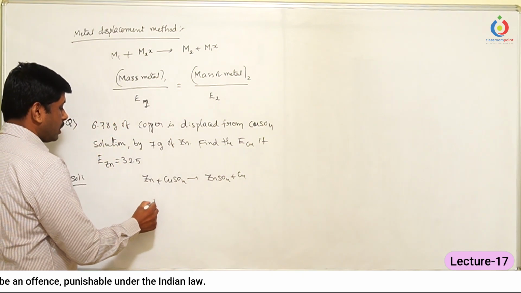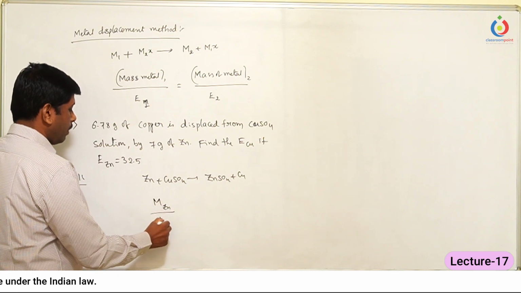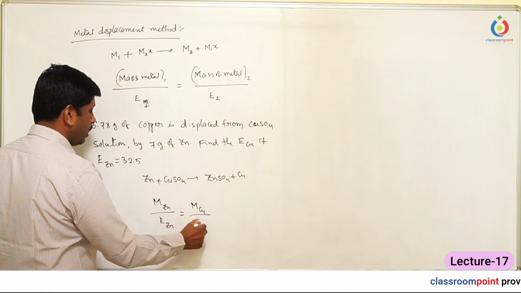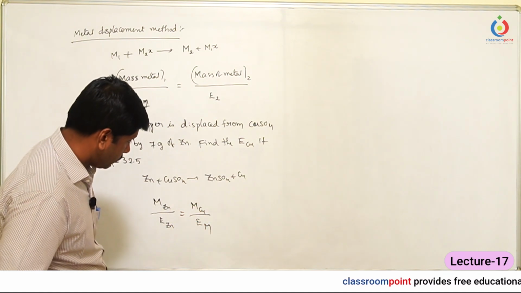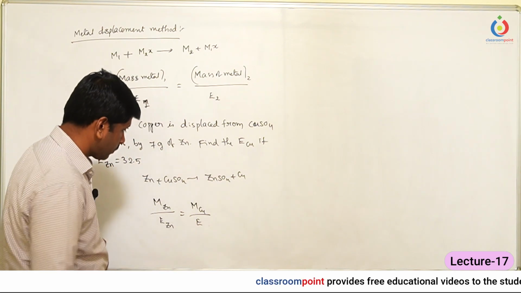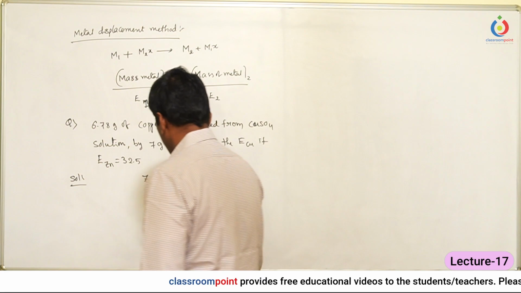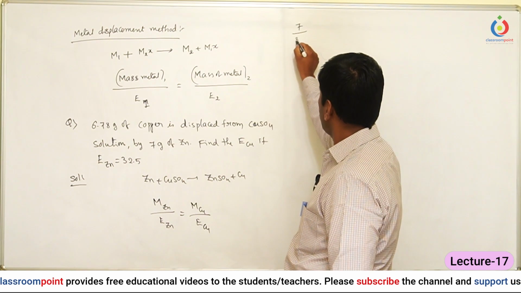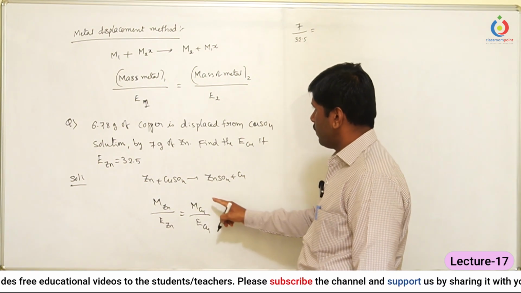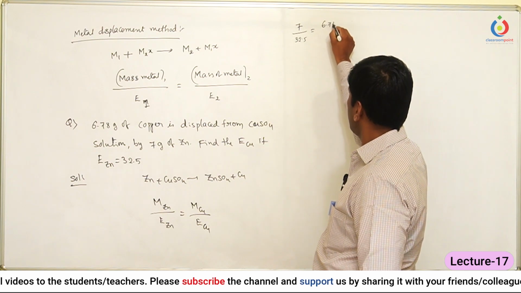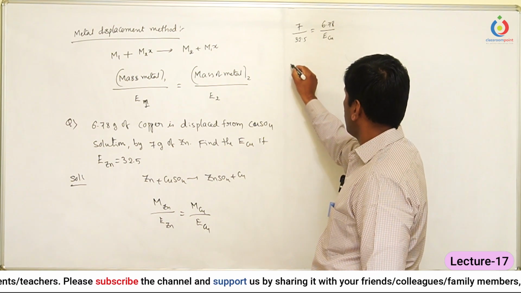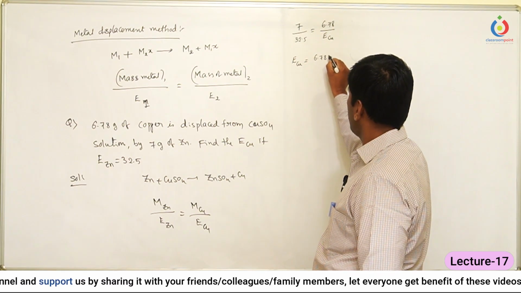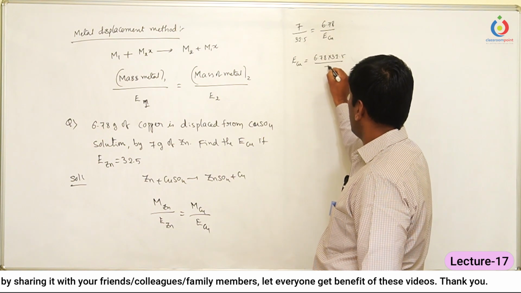So here mass of zinc divided by equivalent mass of zinc equals mass of copper divided by equivalent mass of copper. The mass of zinc is given as 7 grams, equivalent mass is 32.5 grams. Mass of copper is 6.78 grams. Equivalent mass of copper to be calculated: cross multiplying, 6.78 into 32.5 divided by 7.